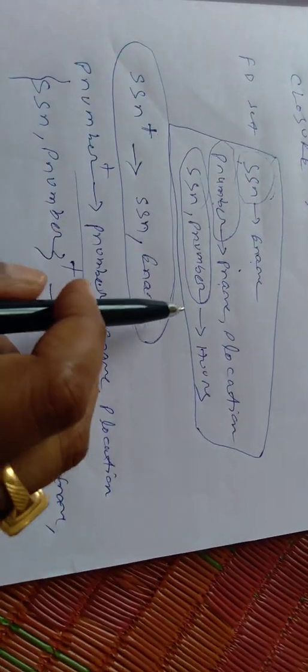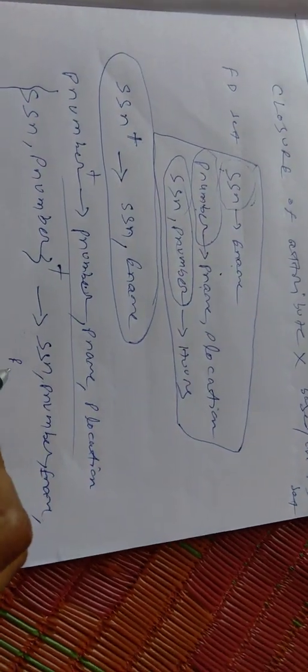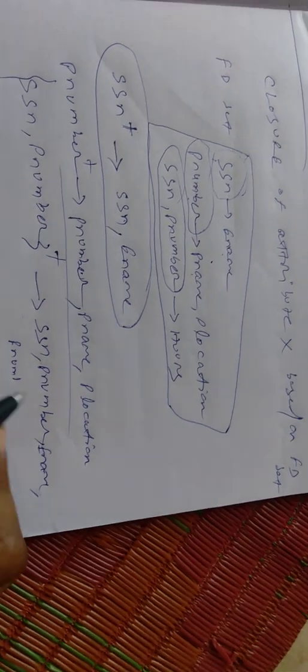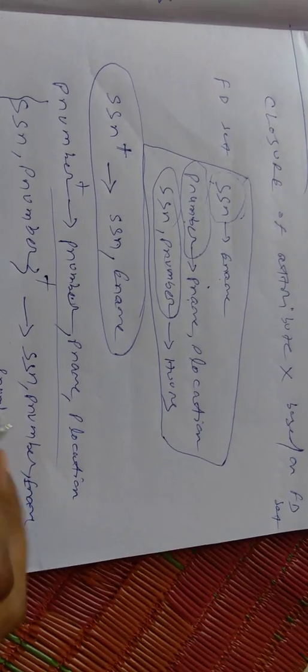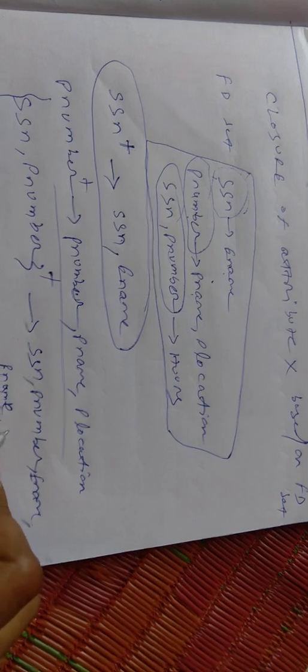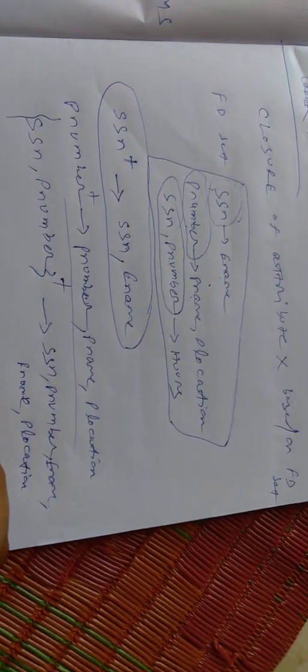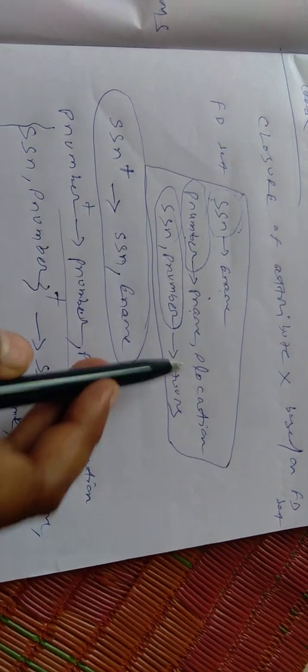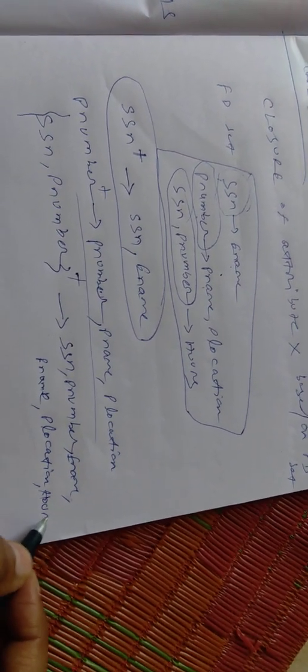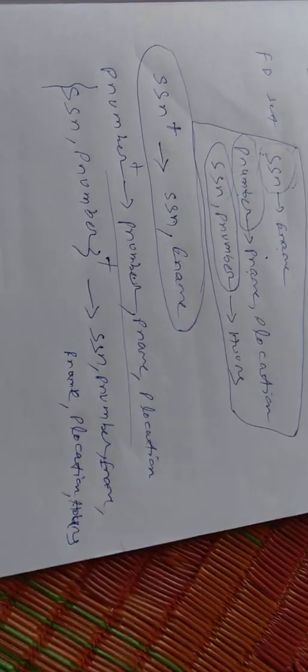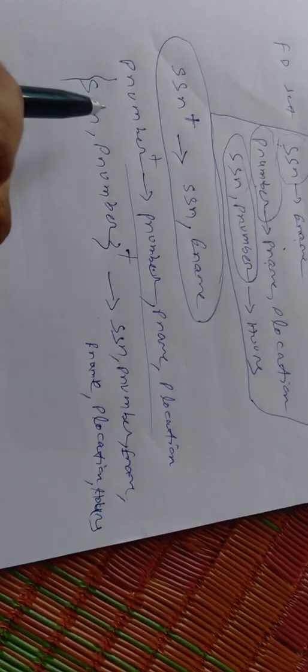P number is deriving p name and p location, so they will be there. And combinedly they are deriving hours, so hours will be there. Fine.